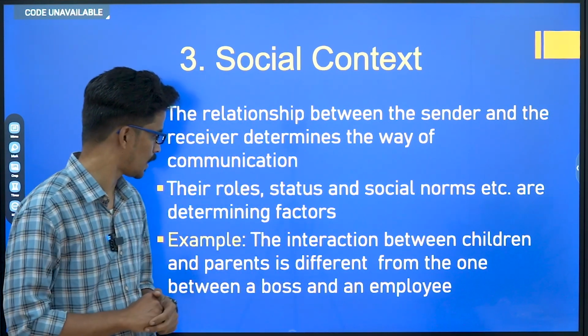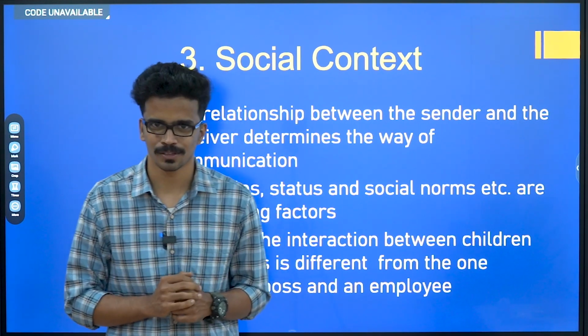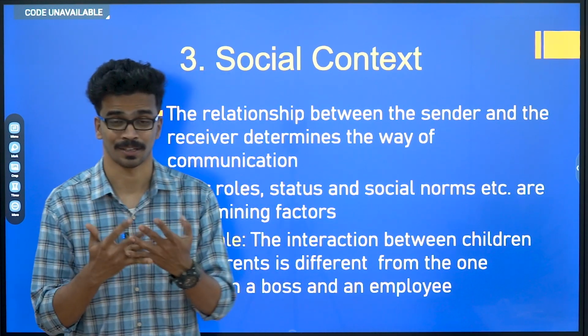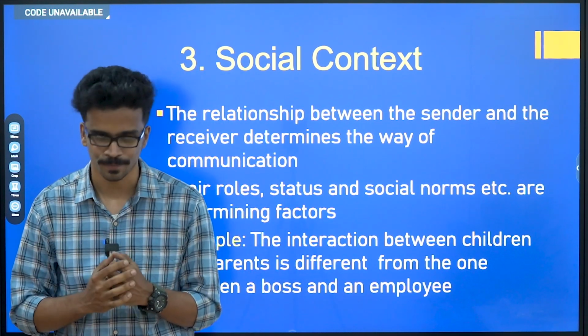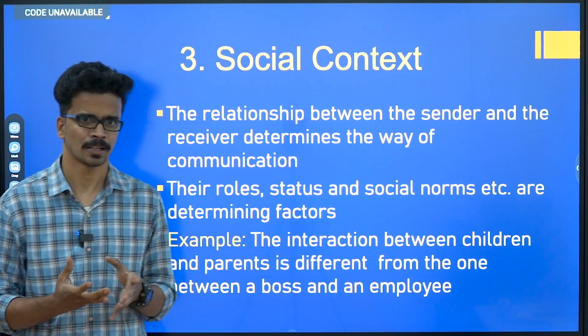For example, if you are talking to your parents, how do you behave? Yeah, we are free, we know them well, they are our parents, so we have a sense of freedom. So we will talk to them in a more free manner.